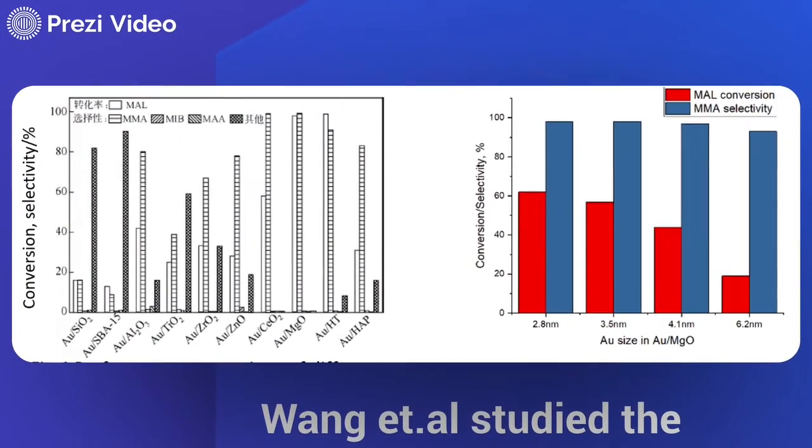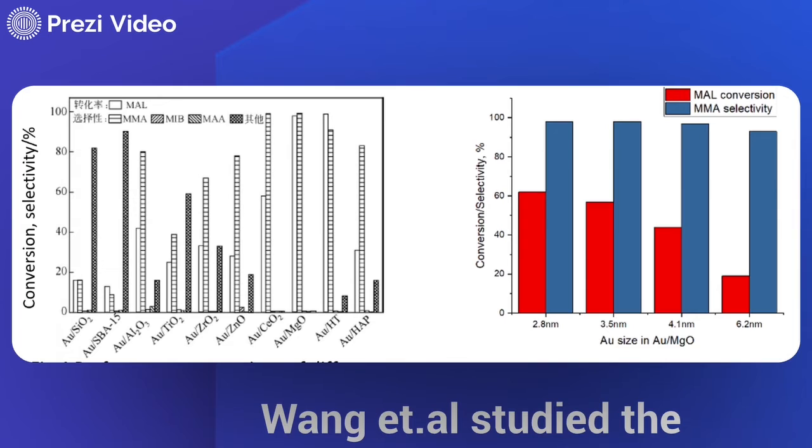Wu's team studied the catalytic properties of gold nanoparticles with different supports in the OE reaction of MAL to MMA. By comparison, it was found that there was a strong correlation between the base site of the support and the reaction activity.